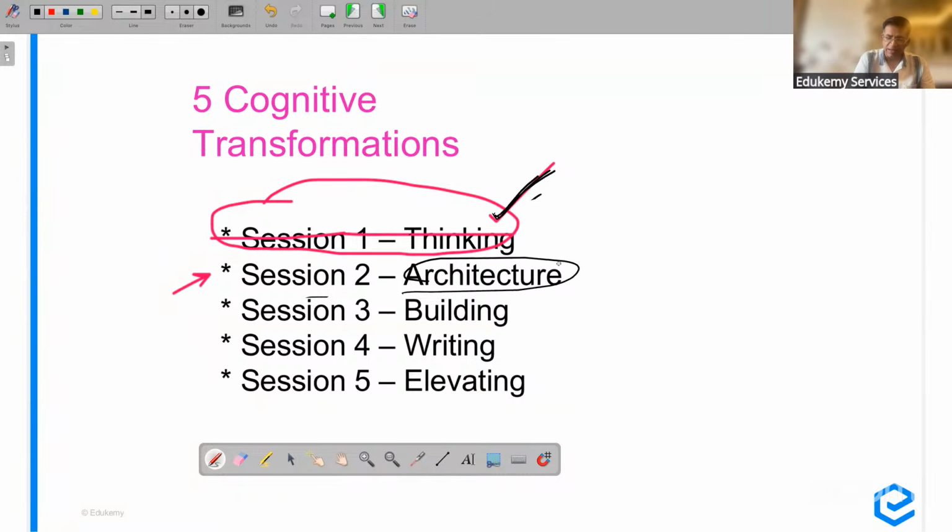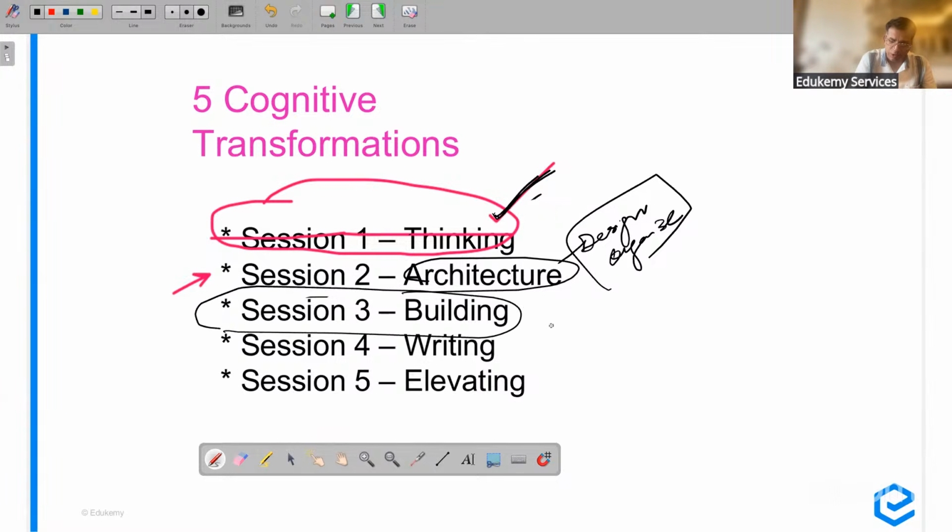Architecture is the design of the essay, how to organize. ये दो step हो चुके हैं. And now I'm moving towards the third one, which is the actual build-up. Today will be more of a demonstration, and we'll spend the next 2-3 sessions on this actual build-up. आपको concept समझ में आ गया?